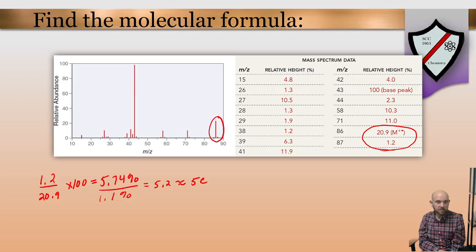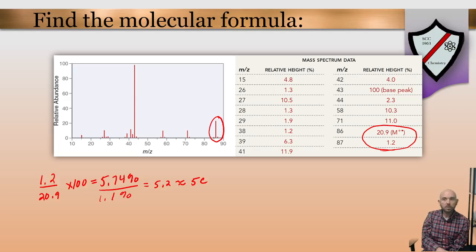So since about 5% of them have one of the carbons replaced, and each one of those carbons would contribute 1.1% to that probability, that means that we probably have about 5 carbons in our molecule. And for something that small, we can make the assumption that there are 5 carbons in that molecule.